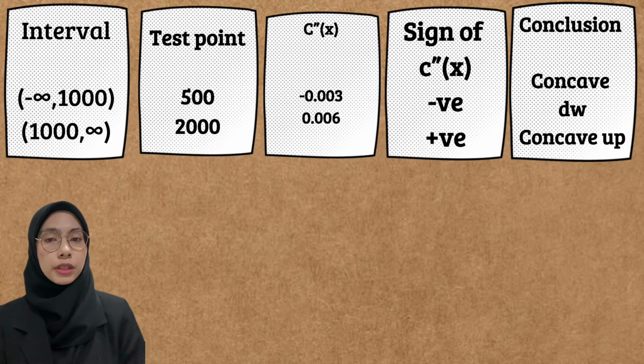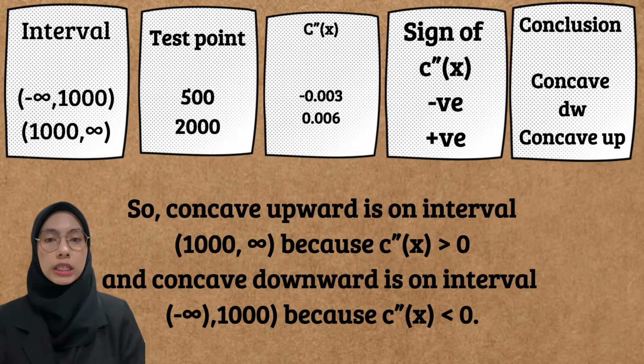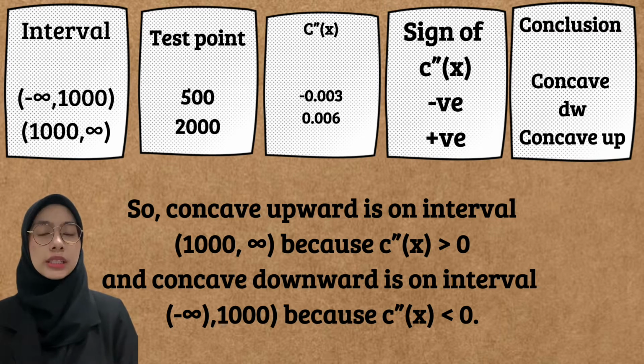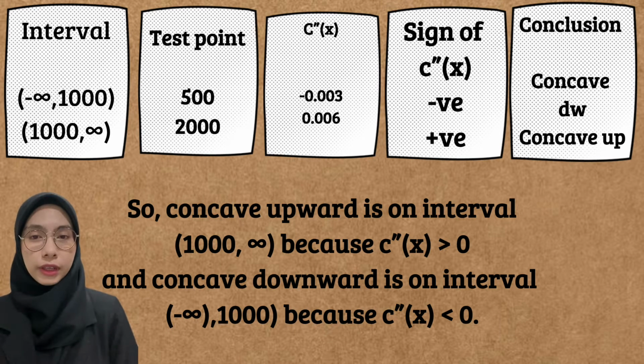For the first interval, negative infinity to 1000, the test point that I use is 500. After we insert the number into the function, we will get negative 0.003, so the sign of the function is negative. That means this interval is concave downward. For the second interval, 1000 to infinity, the test point that I use is 2000.